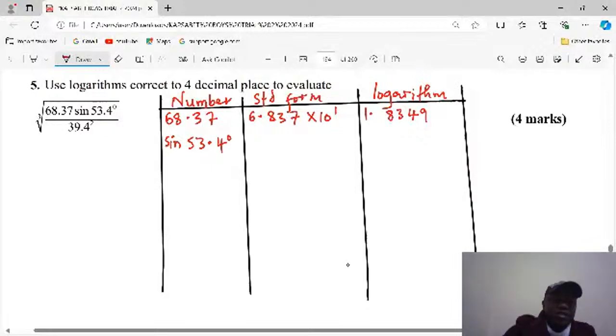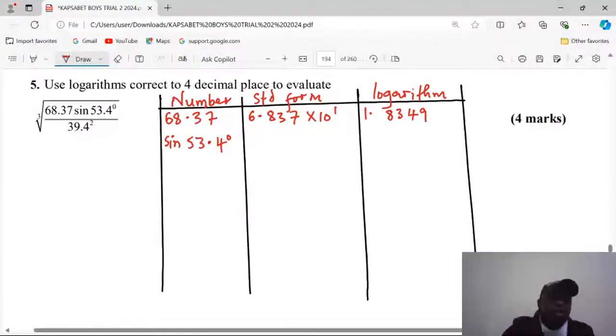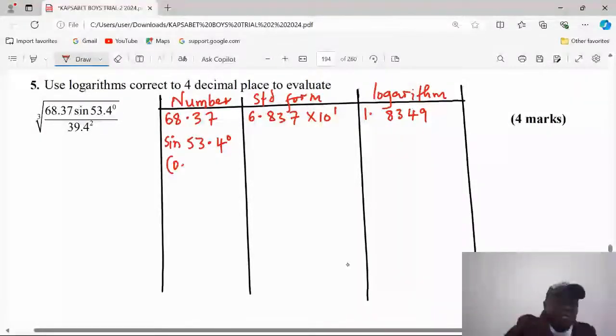The next number is the sine of 53.4 degrees. So we look for the logarithm of sine 53.4. We can simply get the number in this case, sine 53.4, 0.8028.